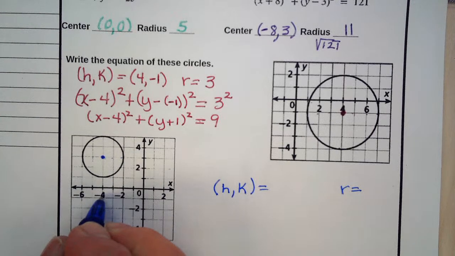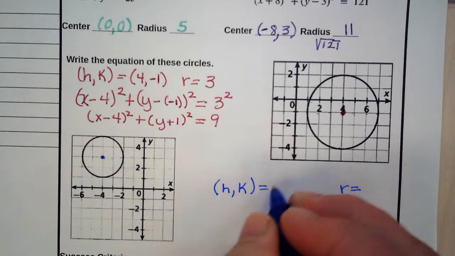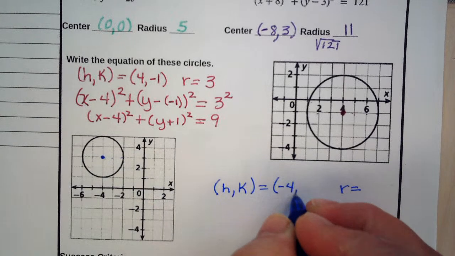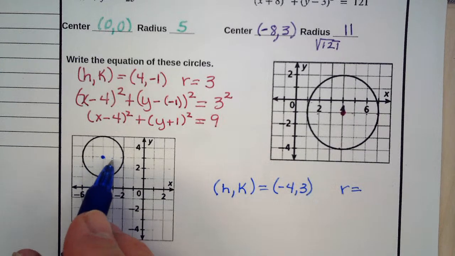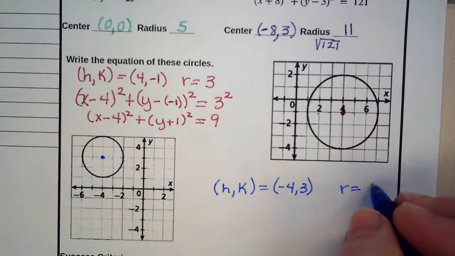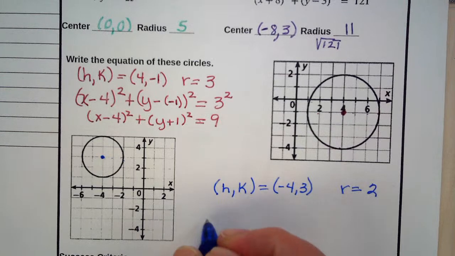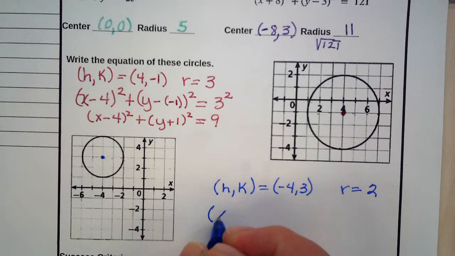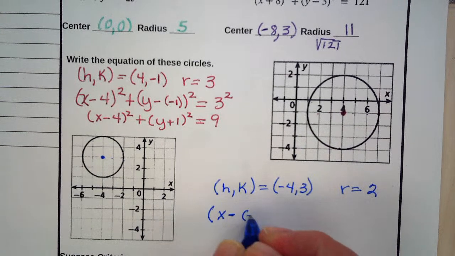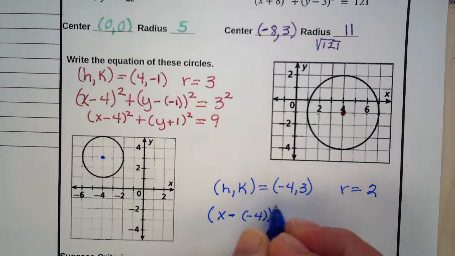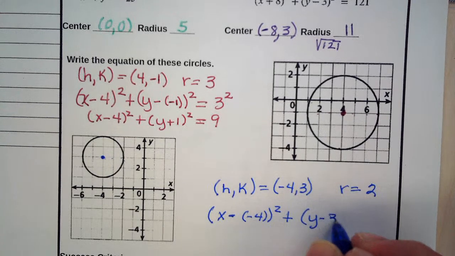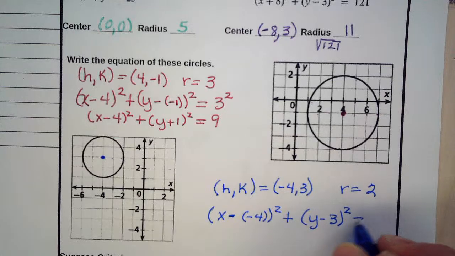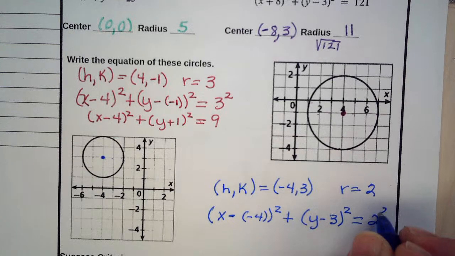The center is at (-4, 3). Now, how far is it from the center to the edge? 2 units, so my radius is 2. Putting it all together, (x - (-4)) squared plus (y - 3) quantity squared equals 2 squared.